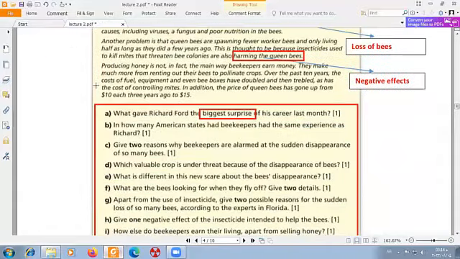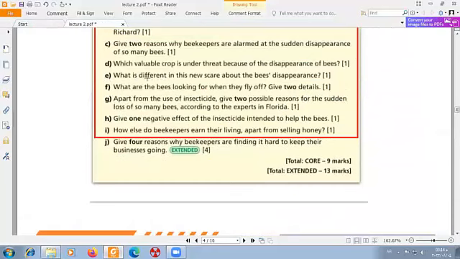هنا بيقول لي ايه في E. What is different in this new scare about the bee's disappearance?